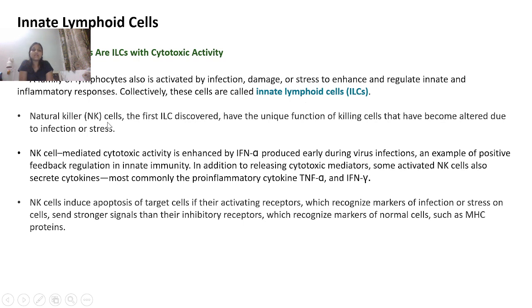Natural killer cell was one of the first types of innate lymphoid cells to be discovered, and they have the unique function of killing cells that have become altered due to infection or stress. This natural killer cell mediated cytotoxic activity is enhanced by IFN alpha production during early virus infection, an example of positive feedback regulation in innate immunity.